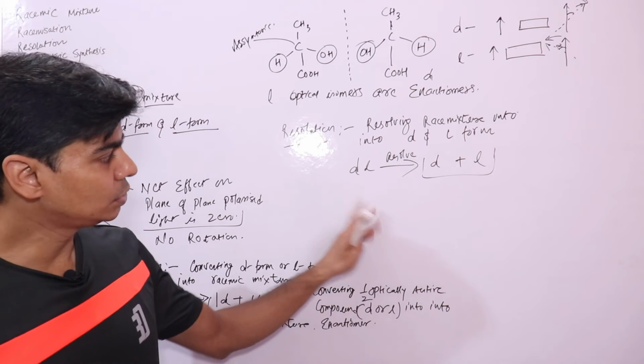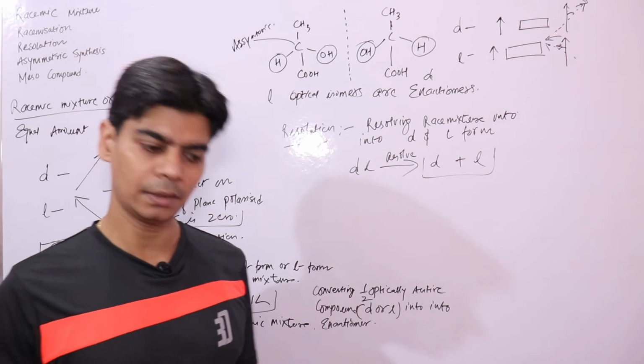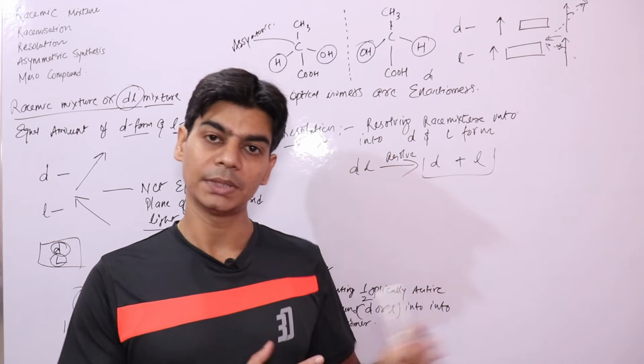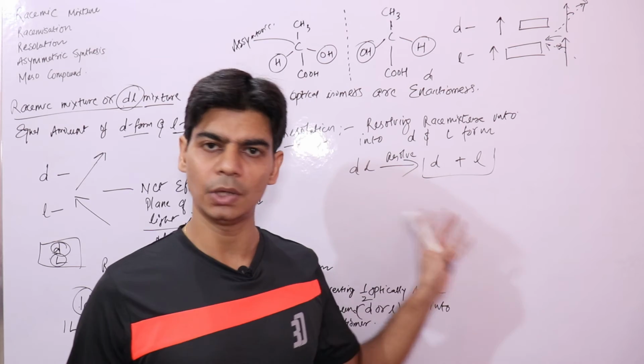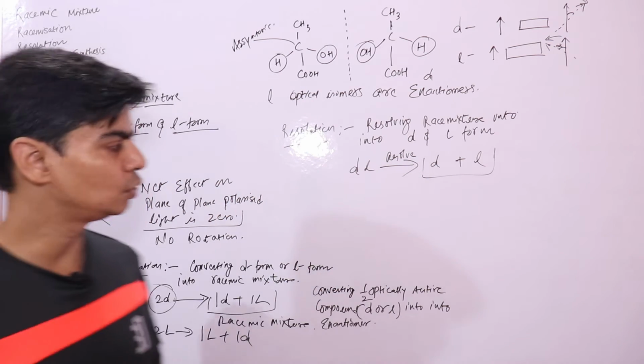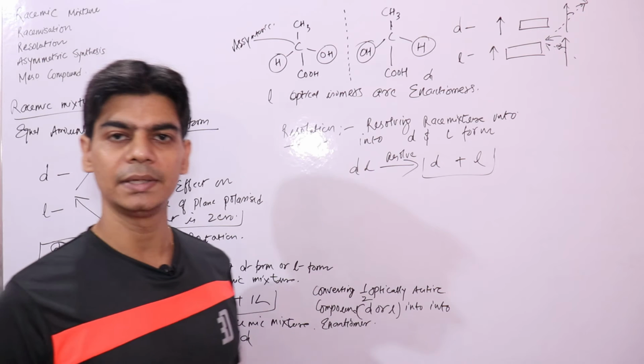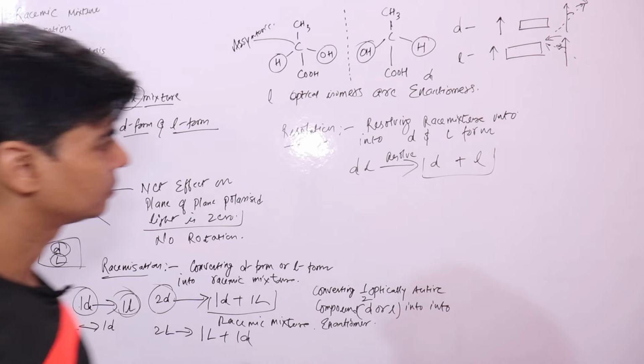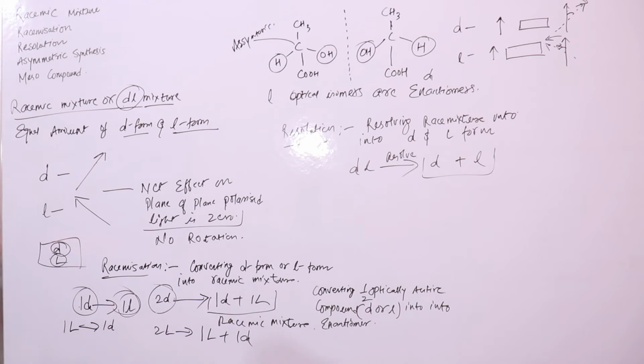So here we use special techniques to separate D and L form from the racemic mixture, which is beyond the scope of this course. You will get to know the resolution techniques in higher classes. I hope this is clear.